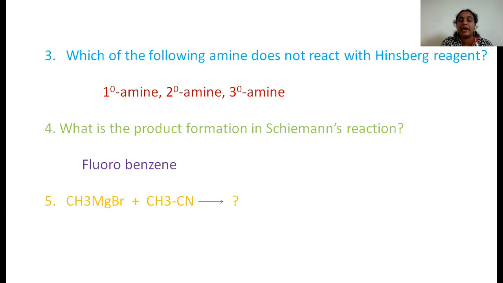So nitrogen carries the negative charge, whereas carbon carries the positive charge. It undergoes an addition reaction: the methyl attacks the carbon, whereas MgBr attacks the nitrogen, and on further hydrolysis it finally produces acetone.